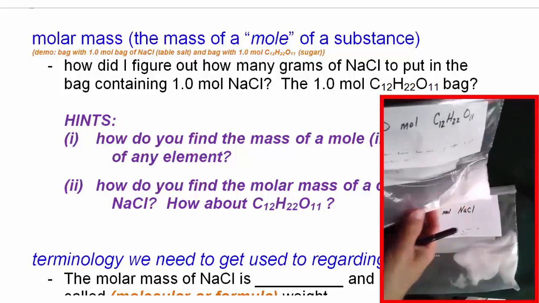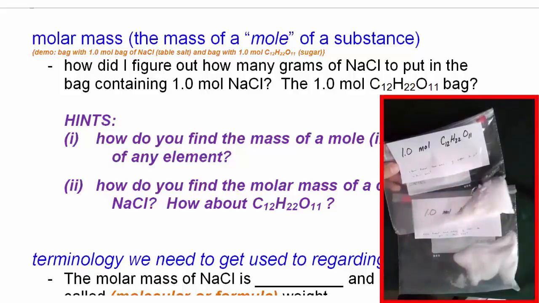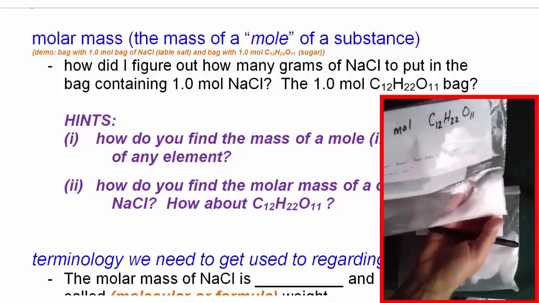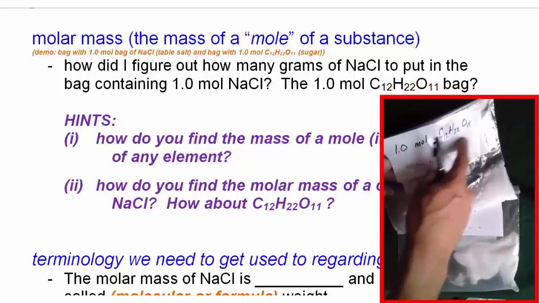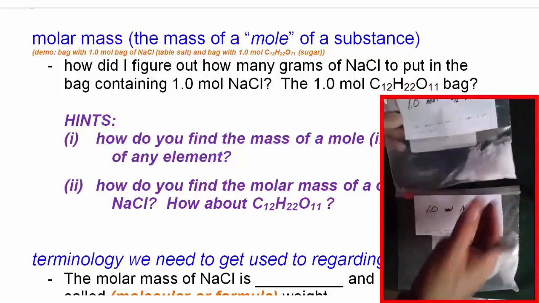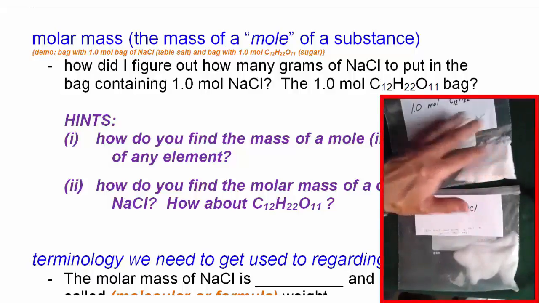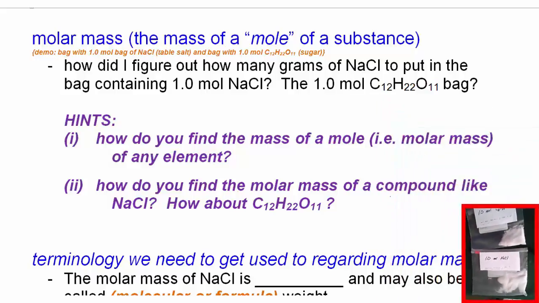Here I have another bag with exactly 1 mole of this compound, sugar. So I have exactly 6.022 times 10 to the 23rd units of that material. How did I know how much of this material to mass to put in these bags? Okay, that's what we're going to figure out here.